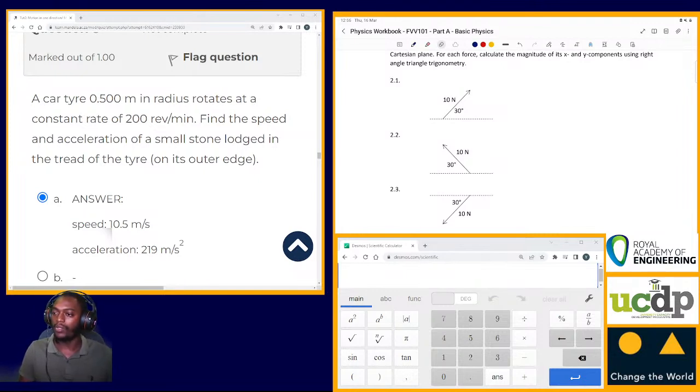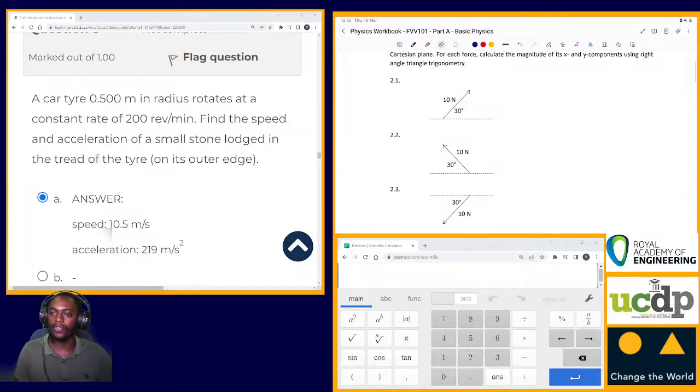Then today we are also going to look at some revision questions from the FVV 101 workbook on vectors, just to reinforce vector resolution, so that you are more confident when it comes to questions that involve resolving. So that is what we're going to do.